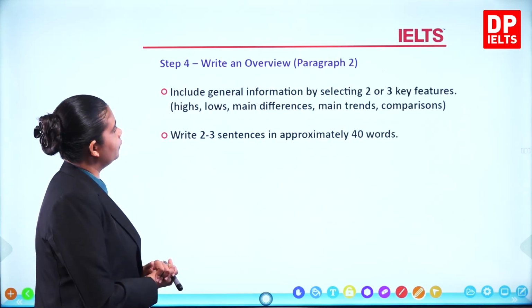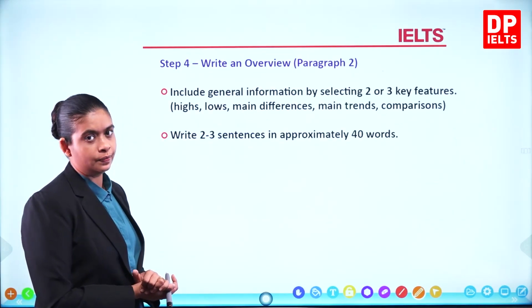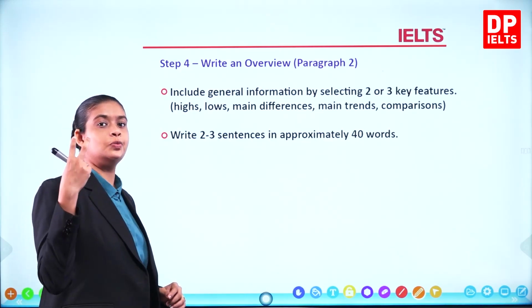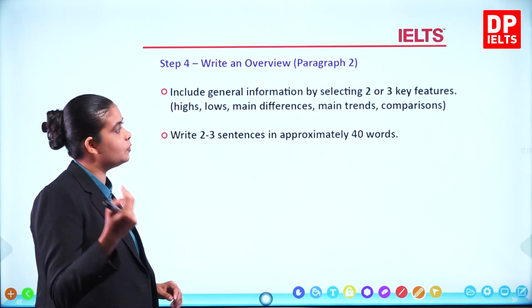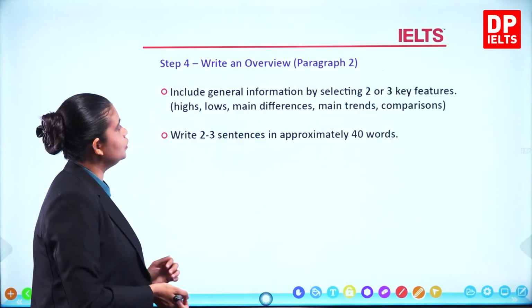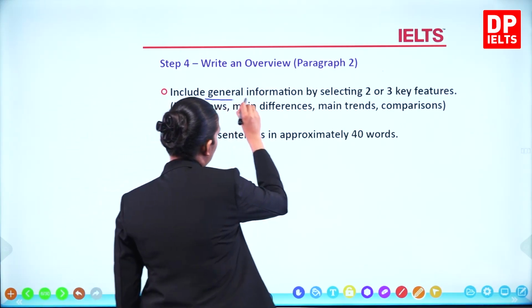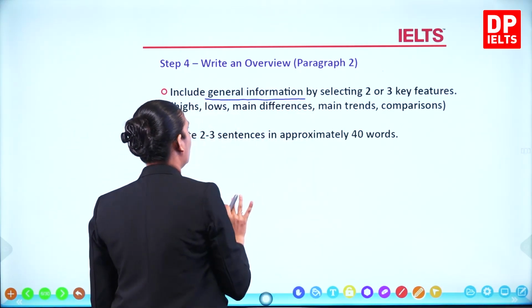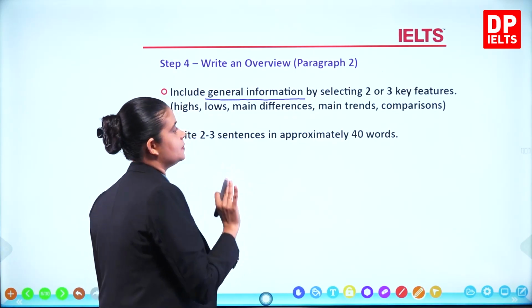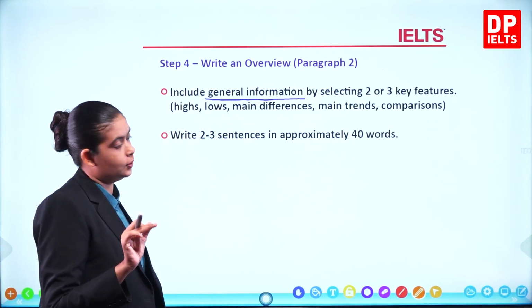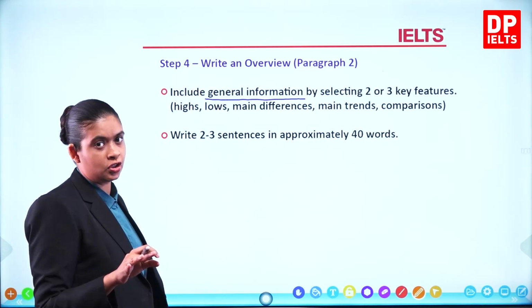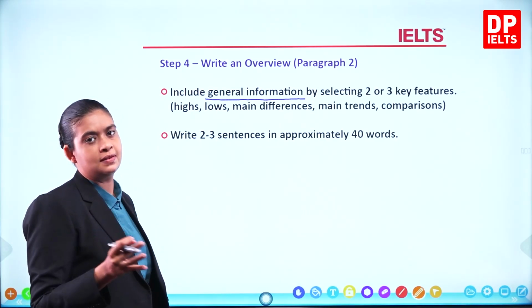So step 4, you're going to write an overview, which is going to be your second body paragraph. Again you would include general information. Do not write specific information, which is numbers, right?